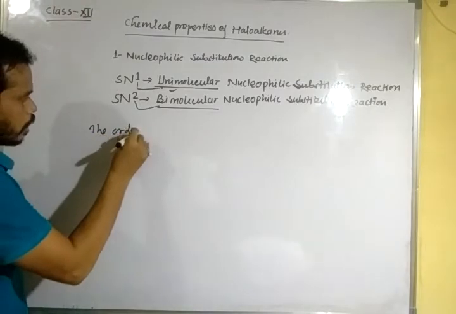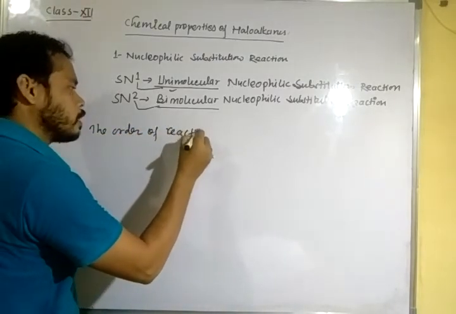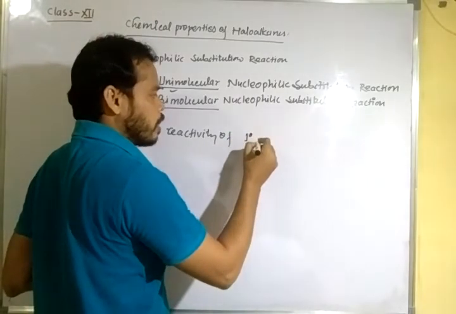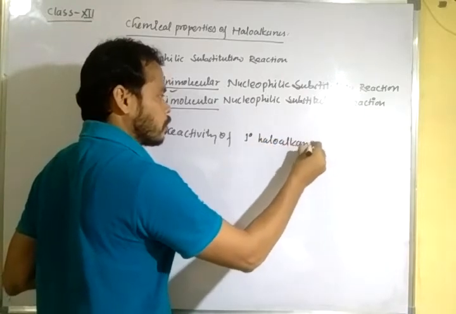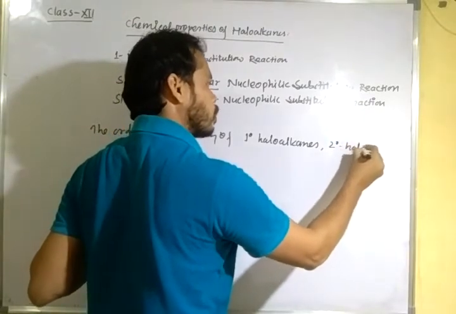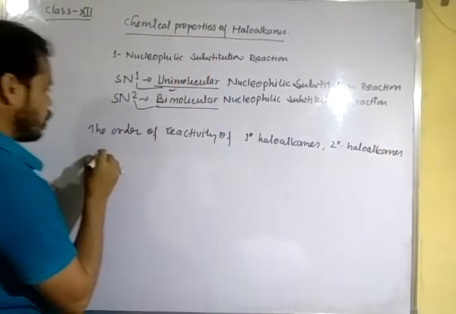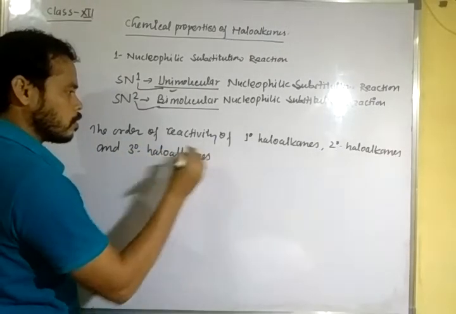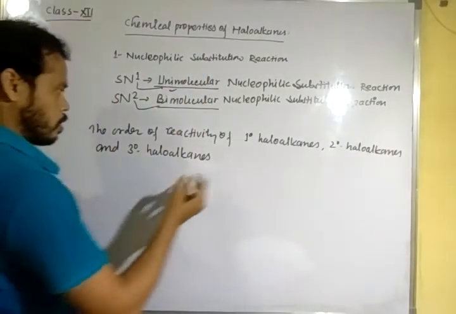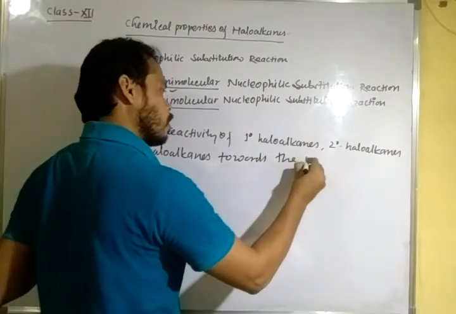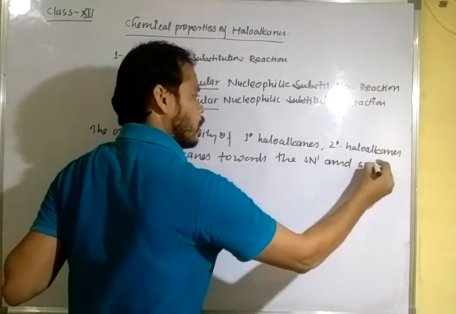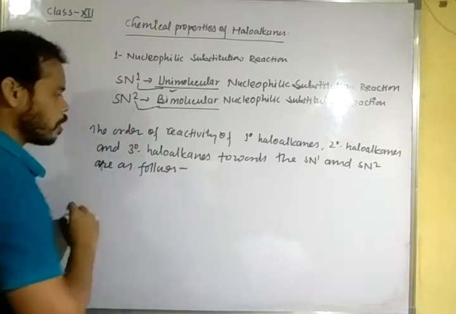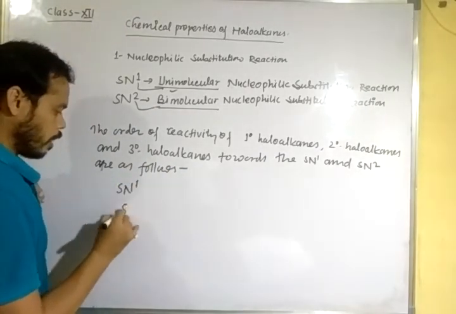The order of reactivity of primary haloalkanes, secondary haloalkanes and tertiary haloalkanes, that is 1 degree, 2 degree and 3 degree haloalkanes, towards SN1 and SN2 is as follows. Okay, see here SN1 and SN2.